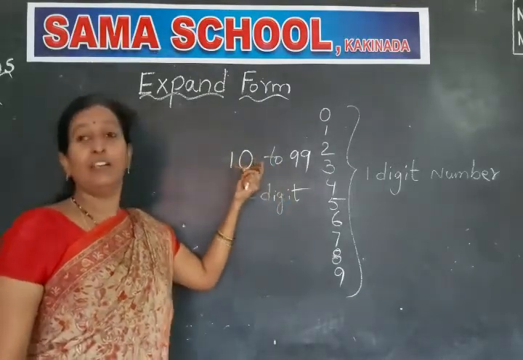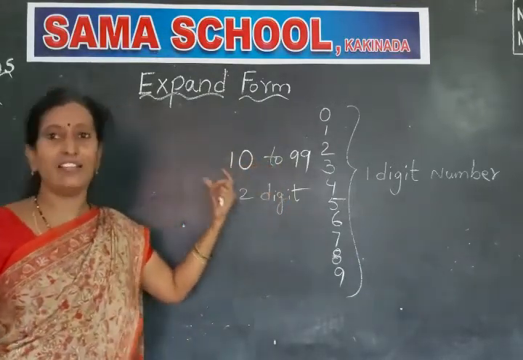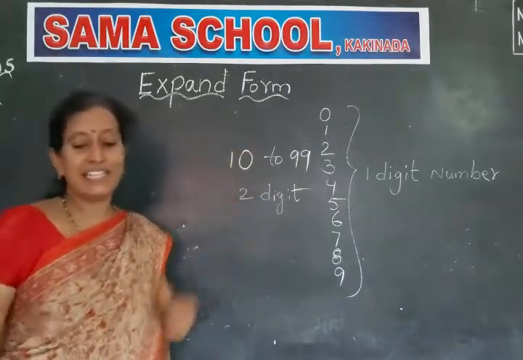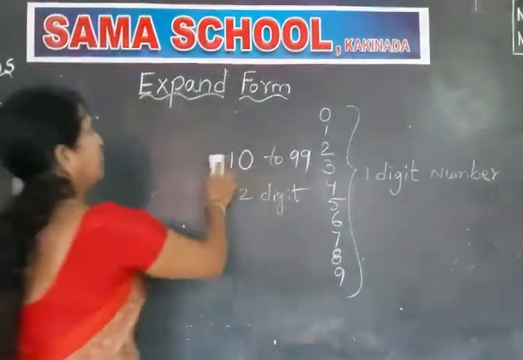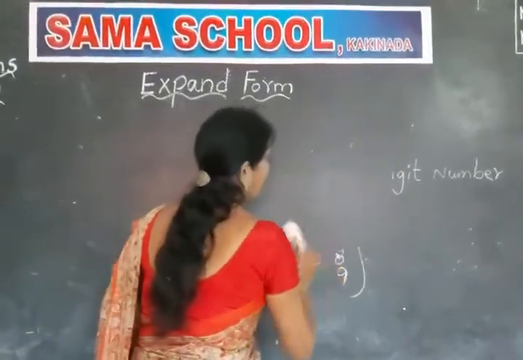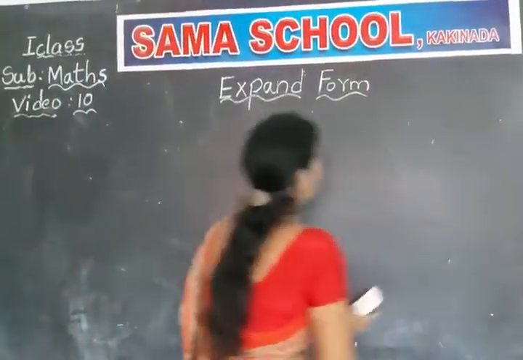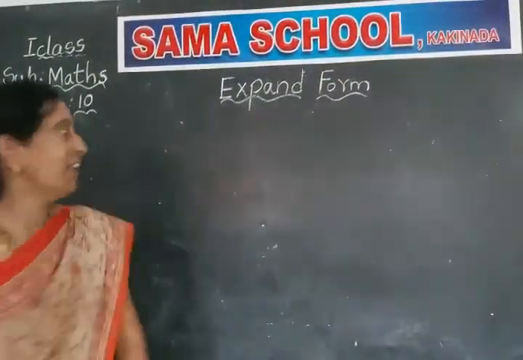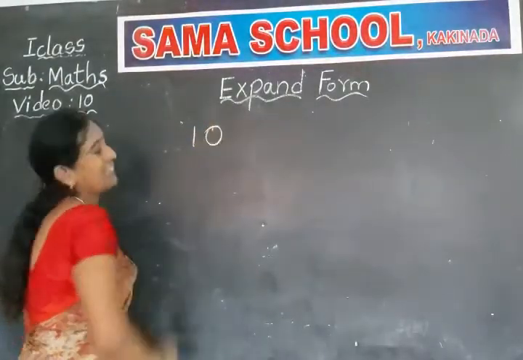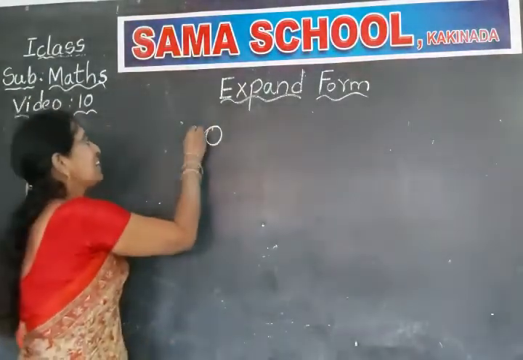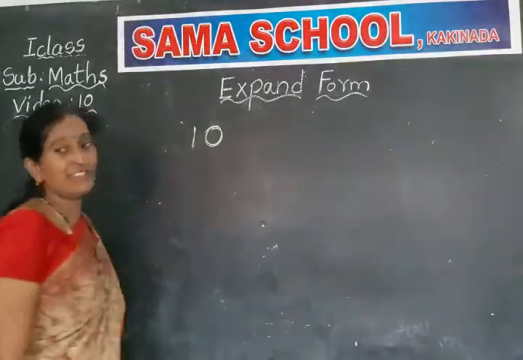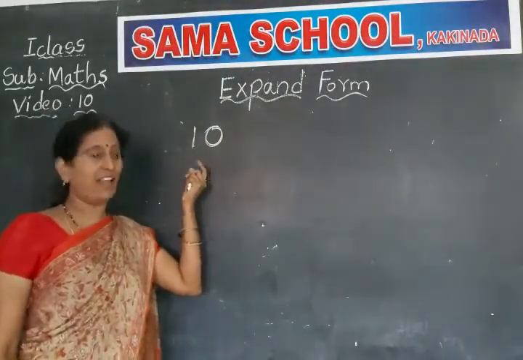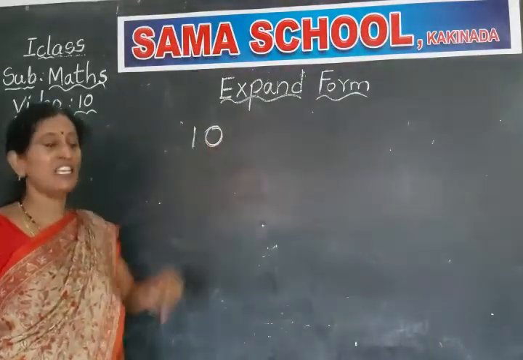How do we know about the place values, the place value of the digits? See here, you already know the 10. In this 10, how many digits are there? 2 digits are there. Here 1 and 0.